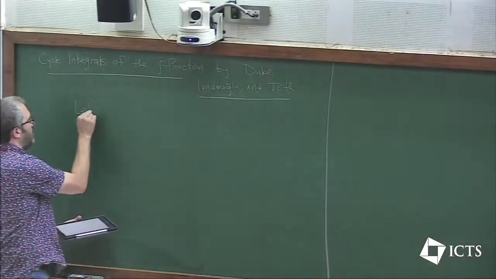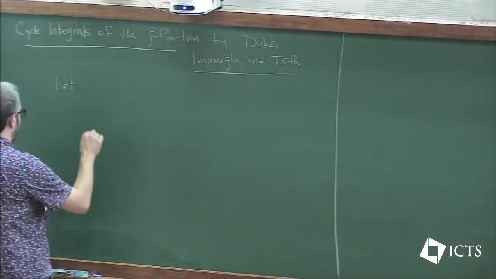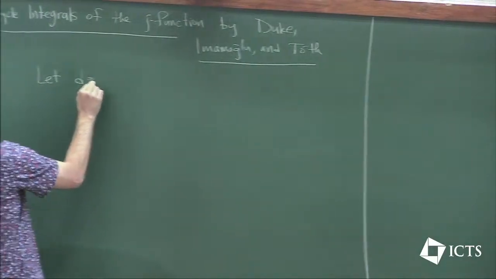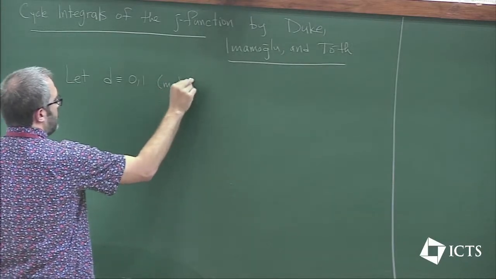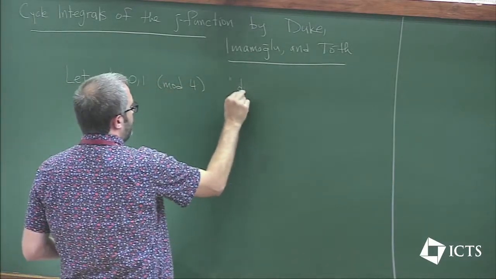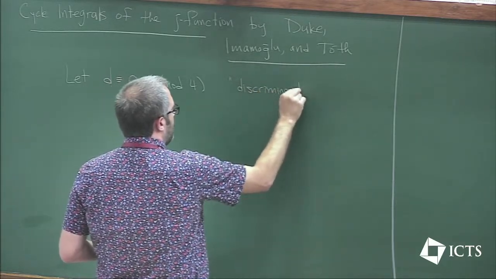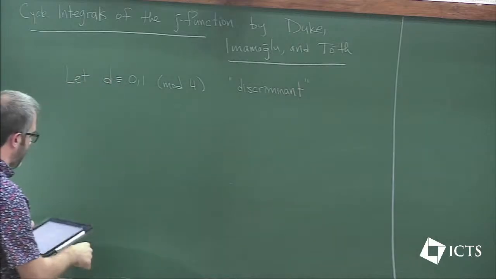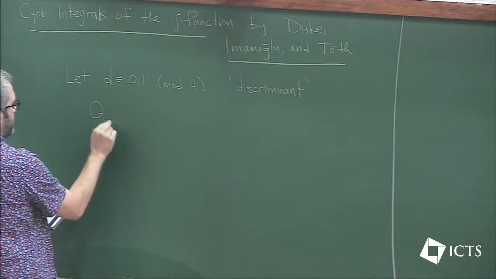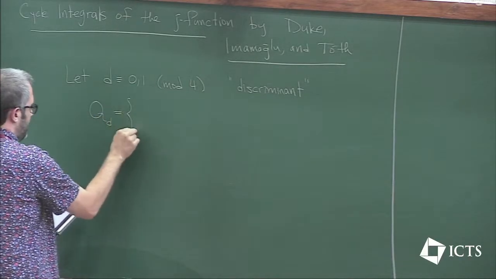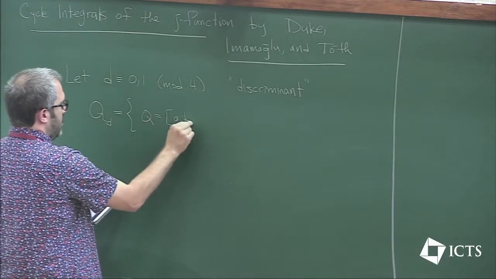So let's start. I have lots of definitions right at the beginning before we do anything interesting, so let's just get through them. So let's start by having a number little d, that's 0 or 1 mod 4. And we'll call these discriminants. No other assumptions about little d yet. And then we'll define script Q sub d to be the set of Q's of the form [a, b, c].